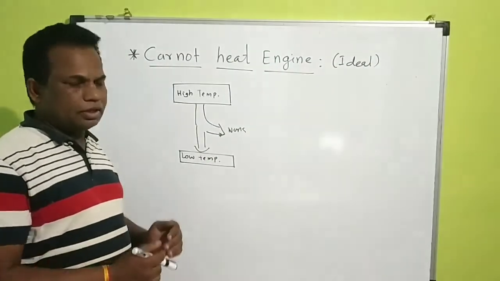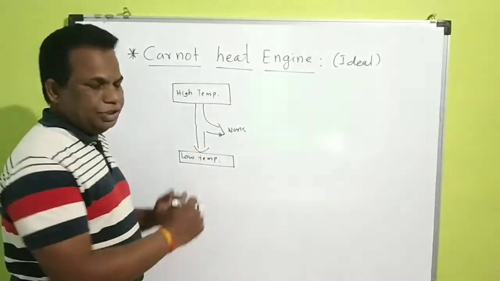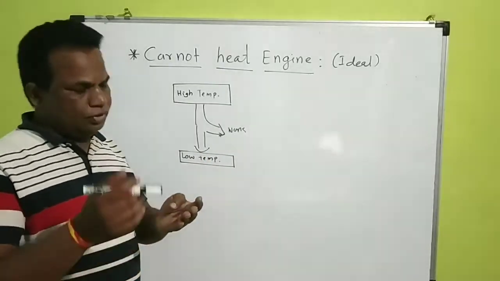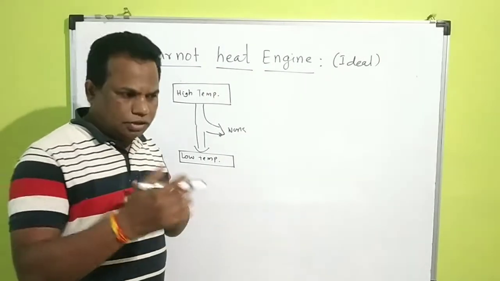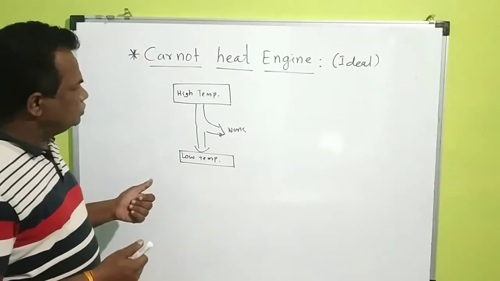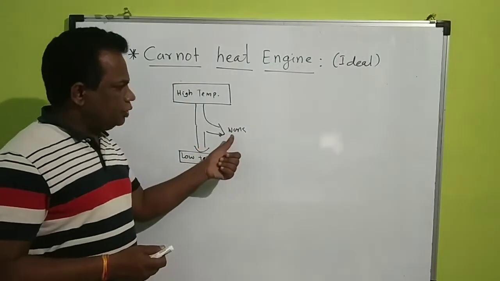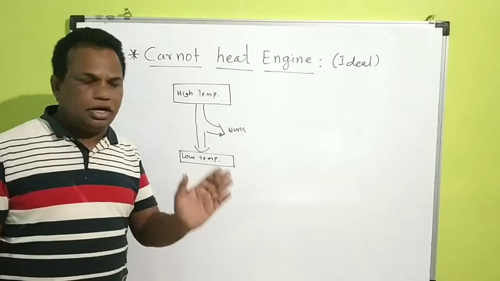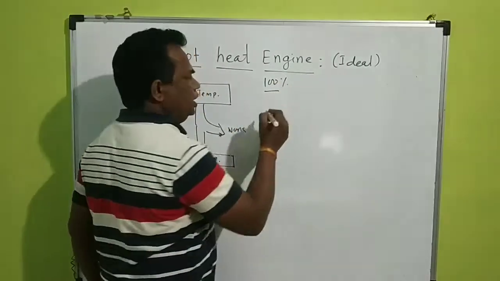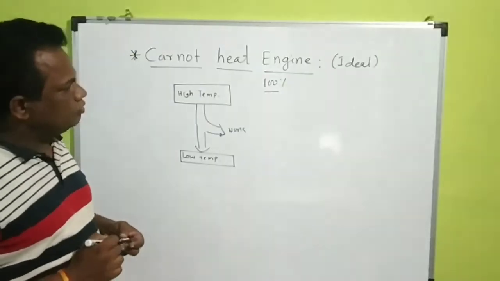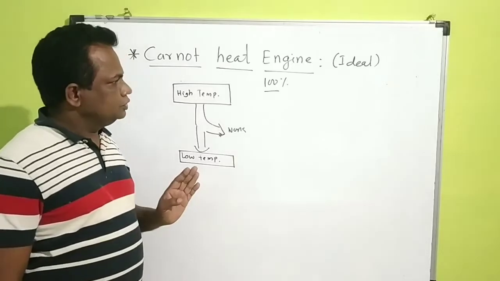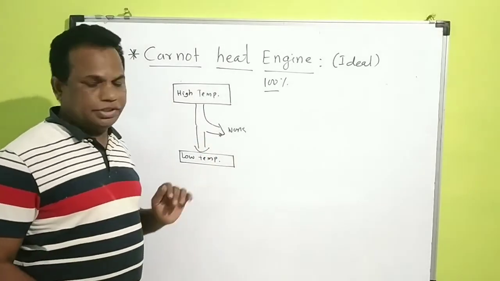Some amount of heat is wasted in friction, viscosity and other purposes. So the efficiency of a heat engine is not always 100%. The efficiency of any heat engine must be lower than 100%.